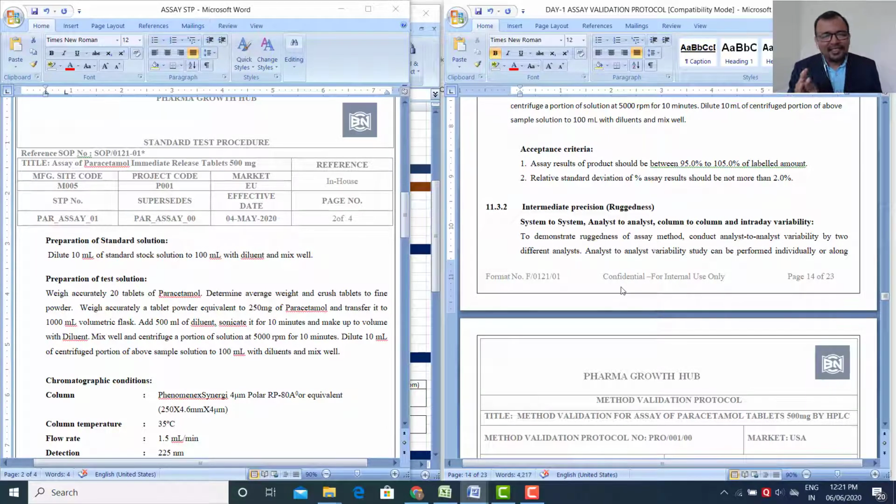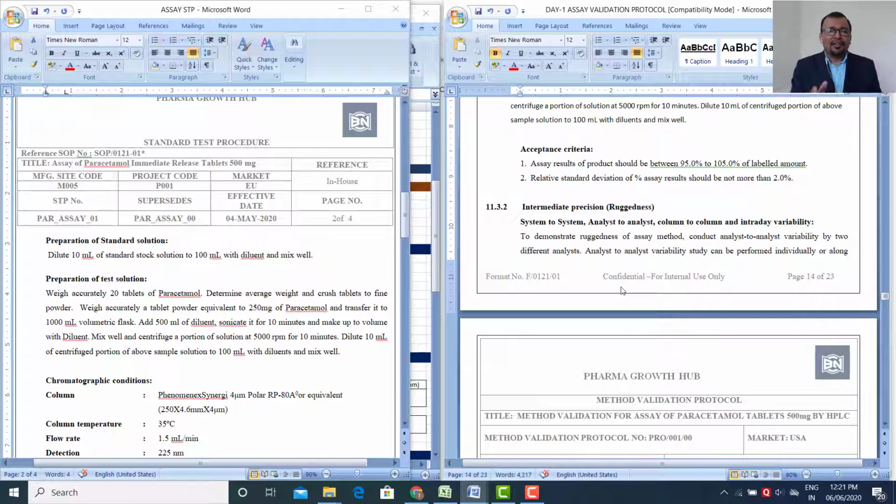Different day, different instrument, different column, different analyst: it is called intermediate precision when you are conducting the second experiment within the same lab, meaning the lab in which the repeatability experiment was conducted. If in that lab you conduct the second set of experiments by another analyst on another day using another set of instruments, that experiment is called intermediate precision.